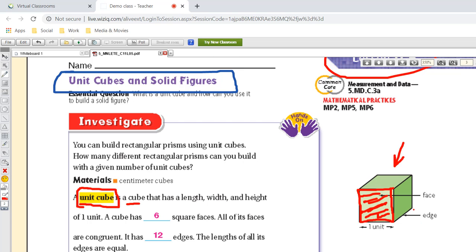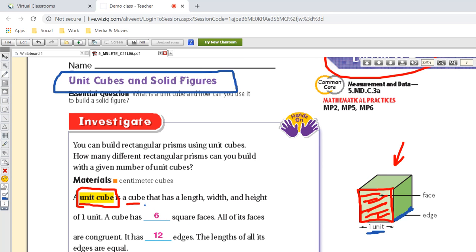And this is an edge. So we have face and we have edge. And we have the length of the edge, because all edges are congruent.